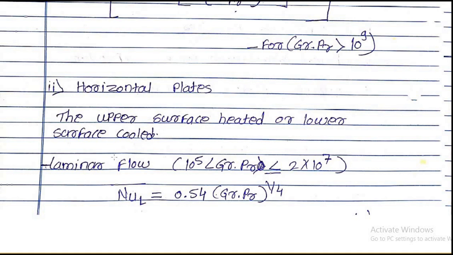So in that case, the laminar flow for the horizontal plates should be considered if the product of Grashof number and Prandtl number is greater than 10⁵ and less than or equal to 2 into 10⁷. So in this condition, the average Nusselt number is equal to 0.54 into bracket Grashof number multiplied by Prandtl number raised to 1/4.